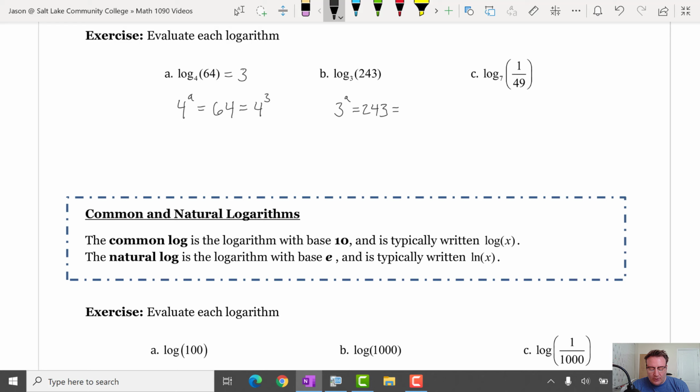It turns out that 243 is 3 times 81, and 81 is 9 squared, so 3 to the 4th. So 243 is 3 to the 5th.